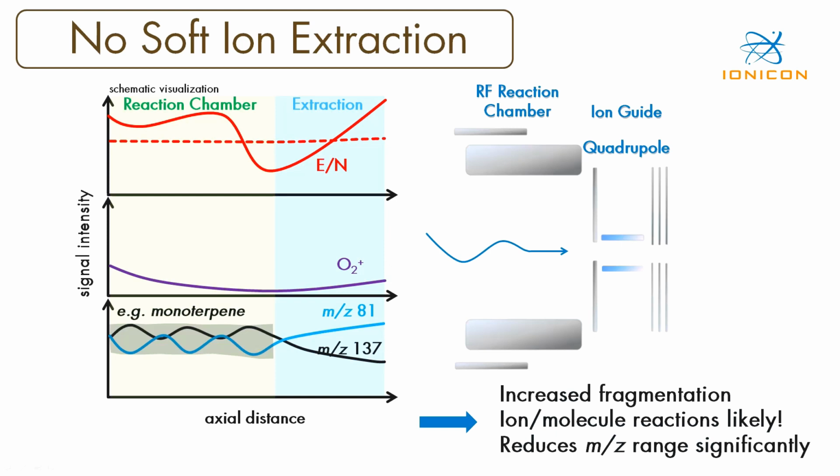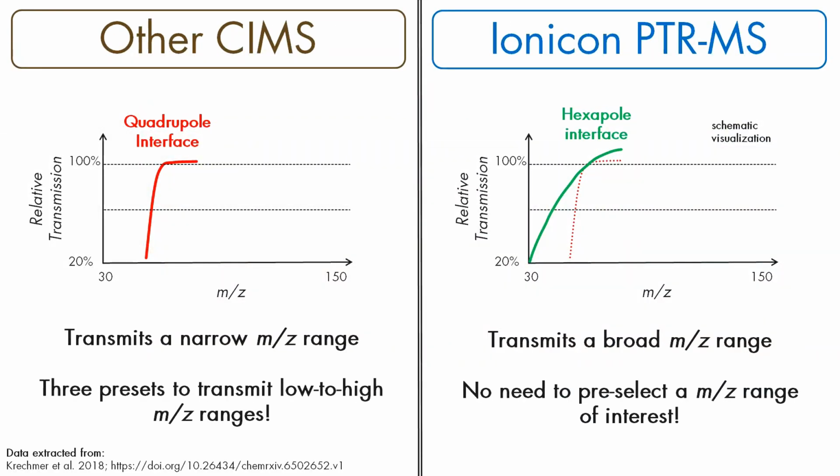In addition, the quadrupole ion guide, which is used by others, will only transmit a reduced mass over charge range. Therefore, the operator has to choose and select the mass over charge range of interest. For IONICON's hexapole solution, the transmission function is much smoother. Therefore, there is no need to pre-select a mass over charge range of interest.